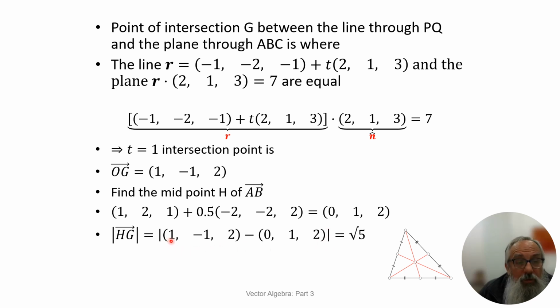That's the modulus, so it's 1 squared plus 1 squared plus 2 squared, square rooted, so root 5. CG is 2 root 5 in that case, because it's twice that length.